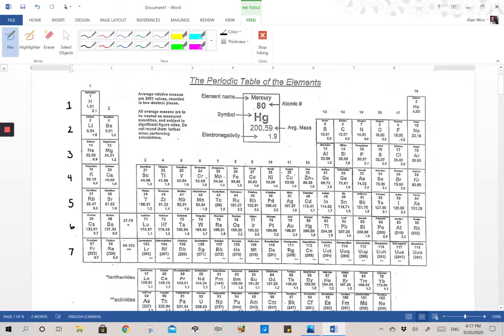These quantum numbers are actually for the s orbitals. Now, I don't want you to mark up your periodic table. That's what the blank periodic table is for. What I want to just kind of show you here is how the periodic table is arranged. So this whole section here, I'm going to highlight this yellow here. Again, don't do this on your periodic table. Just kind of watch and listen.